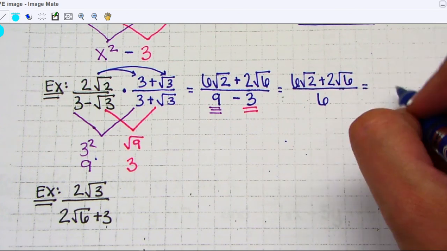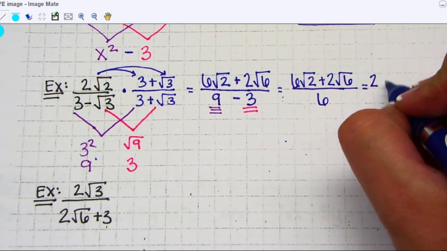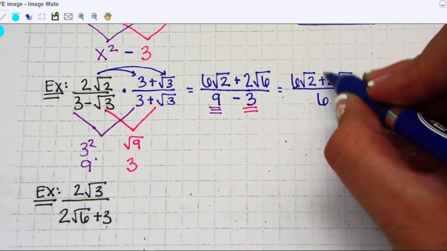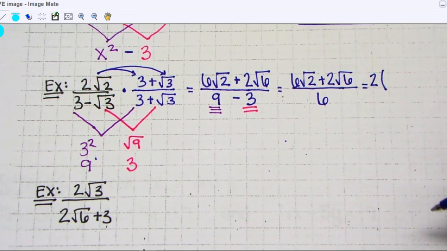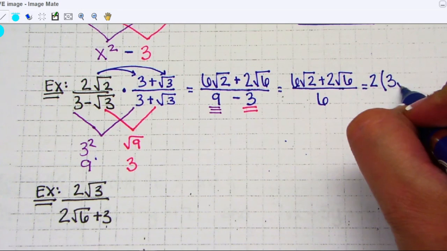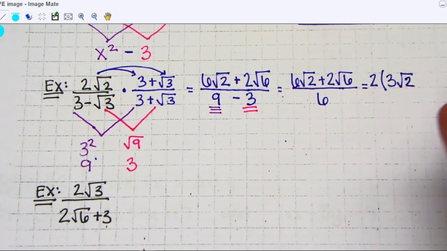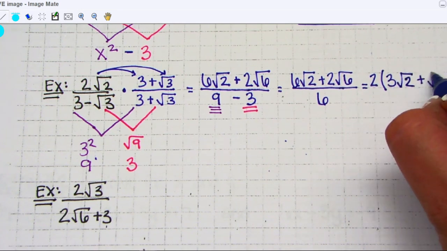2. Yes, good, 2. So if I pull a 2 out, what's this first square root look like? If I pull a 2 out, what's 6 divided by 2? 3. 3 square root of 2. Good. And square root of 6 all over 3. Yes. Well, all over 6.